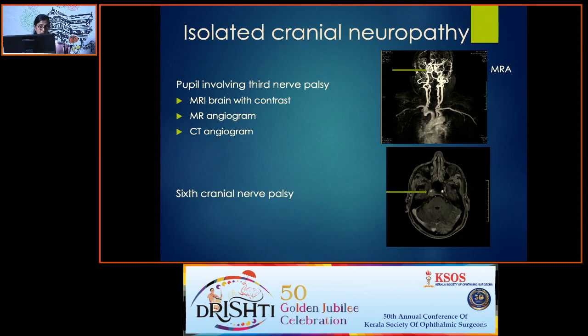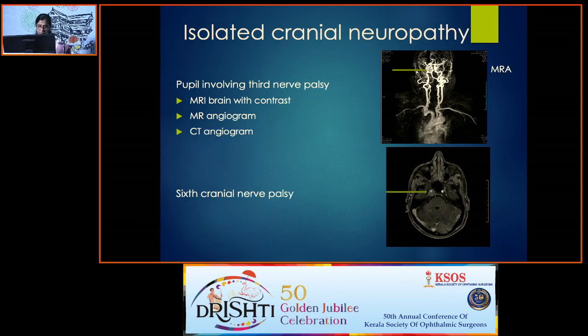And in isolated cranial neuropathy, when you suspect an arterial aneurysm, we have to include MRA or CT angiogram. And if you strongly suspect it and the MRA and CTA are not picking up the aneurysm, we can even do a catheter angiogram.